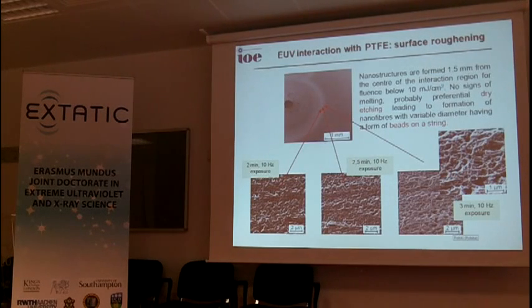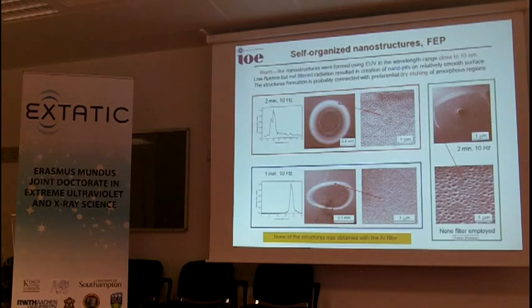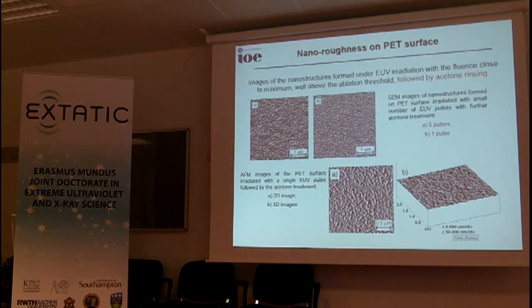This is an example of surface roughening of Teflon. Teflon is not so easy to process, but you see that using EUV we can easily obtain, after short exposure, such strange, very nice features and structures. This is nano roughness on PET for different exposures. Look, this is only for one pulse.